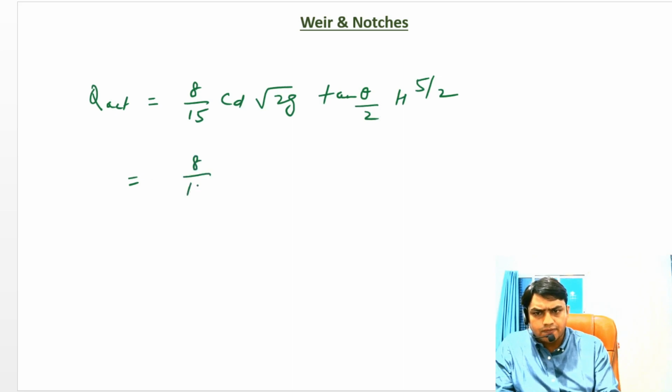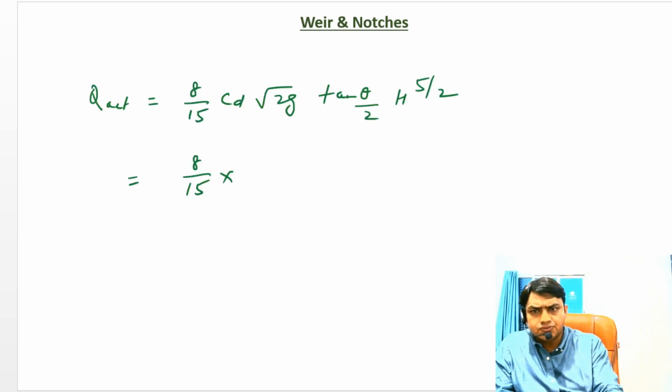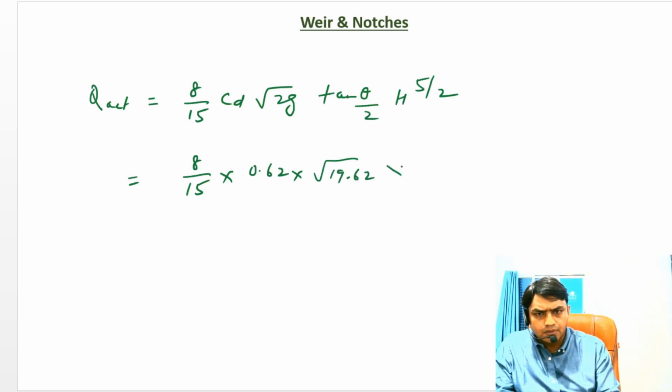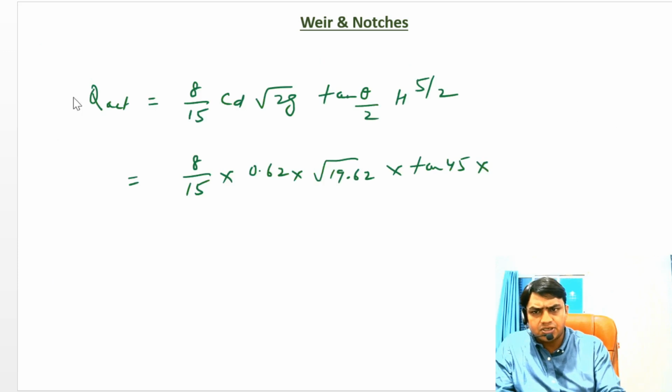So it will be 8 by 15. Coefficient of discharge is given 0.62, so 0.62 into root 19.62 into tan 90 by 2, so tan 45, into H. Height is 20 centimeter, means 0.2 to the power 2.5.